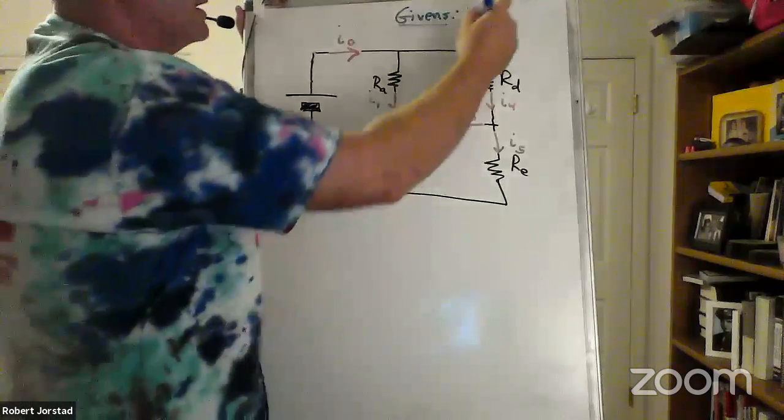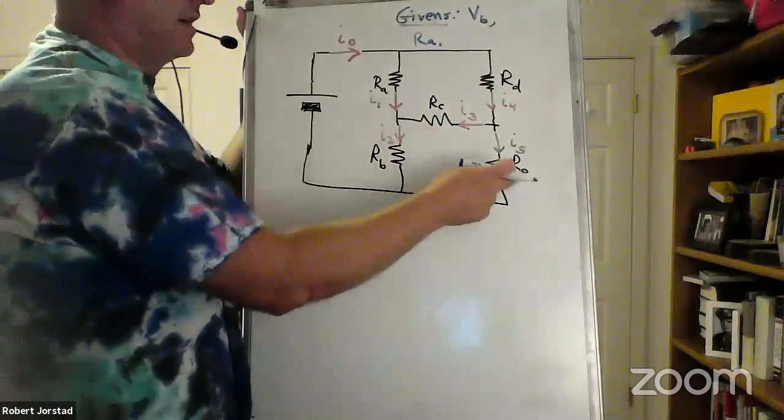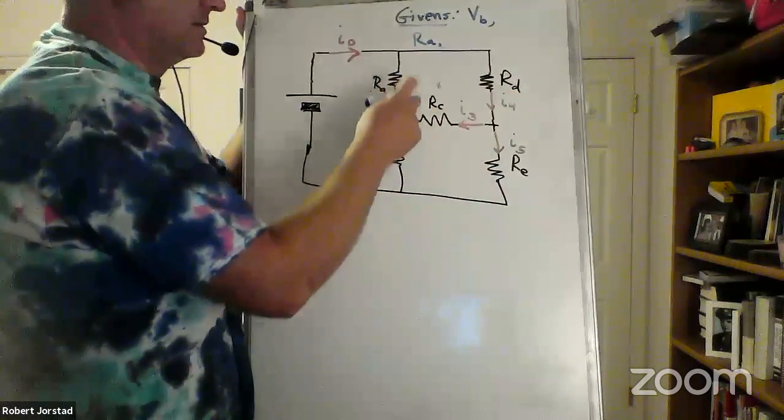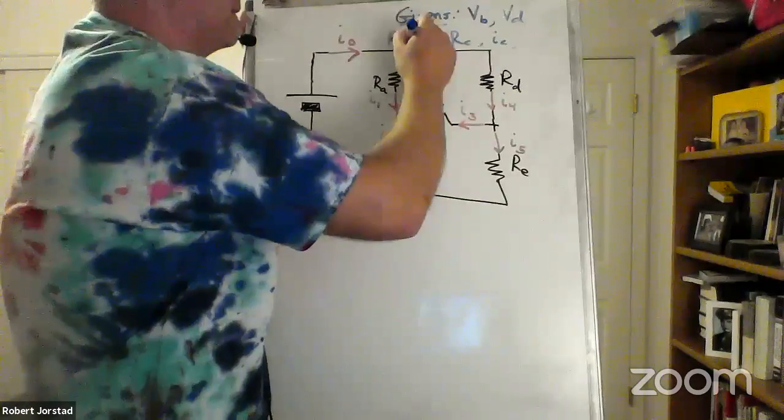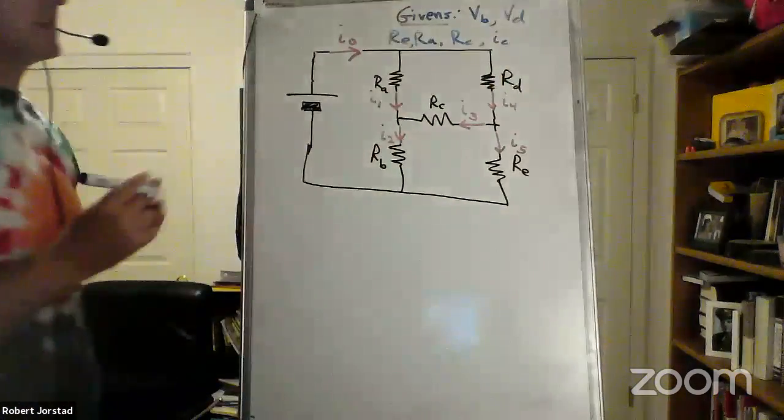VB, RA, VD, RC and RD, IC, VD, and then RE. Okay, so we know those things, right?